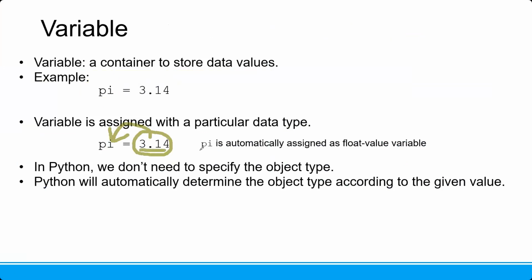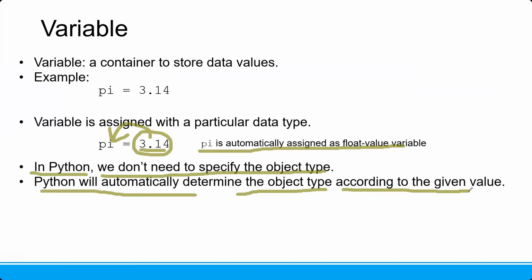It means pi is automatically assigned as float value variable. In Python, we do not need to specify the object type. So Python will automatically determine the object type according to the given value.